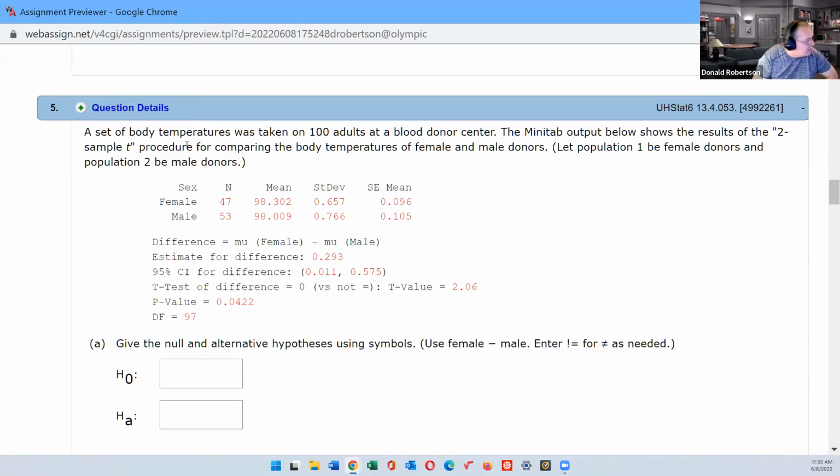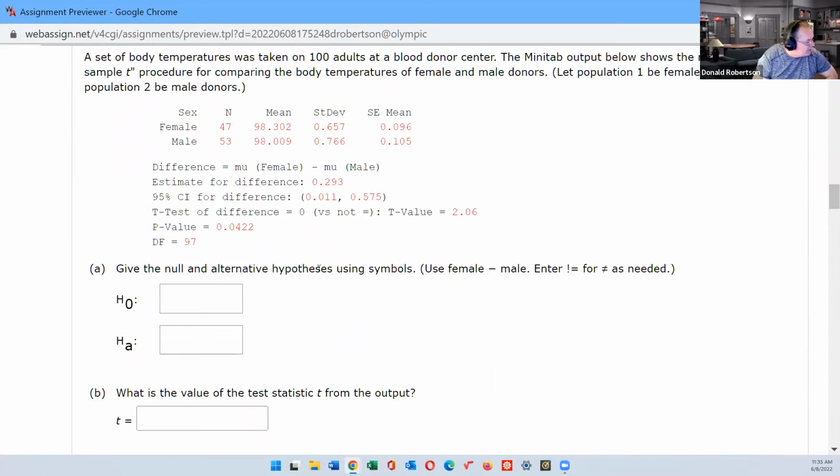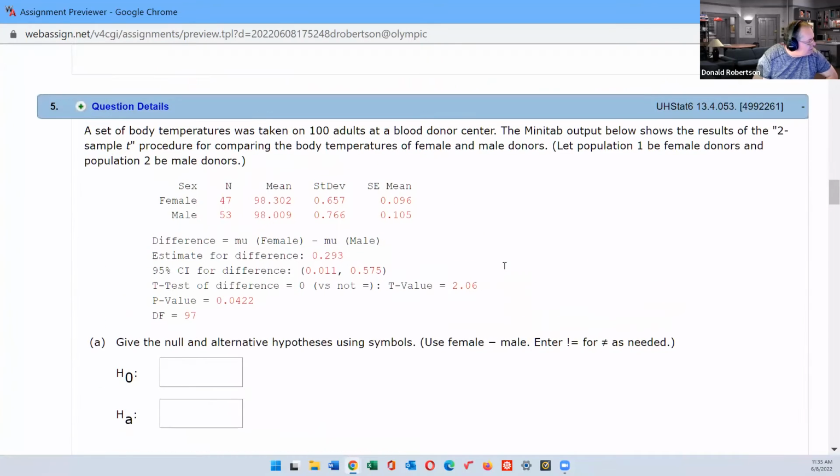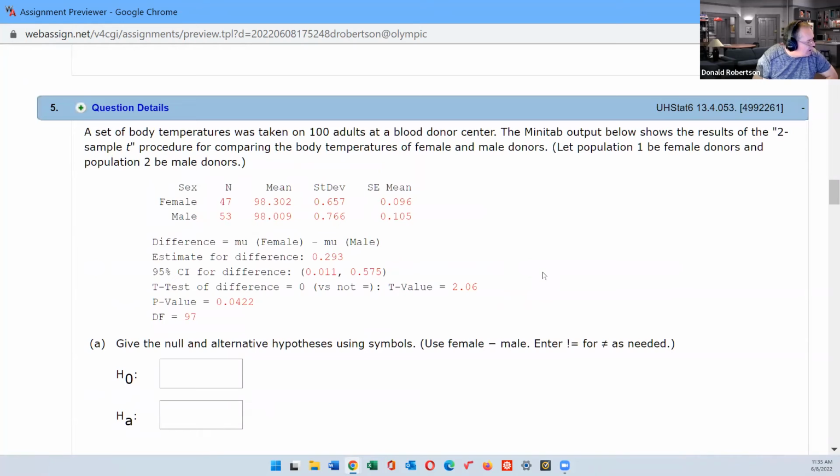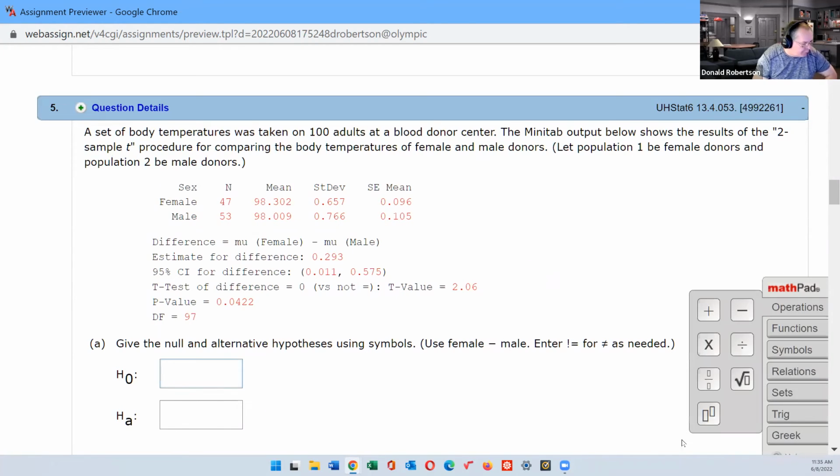Let's see. I do not know. Well, let's put in the one I do know while I'm thinking.